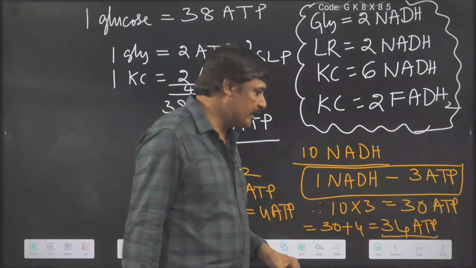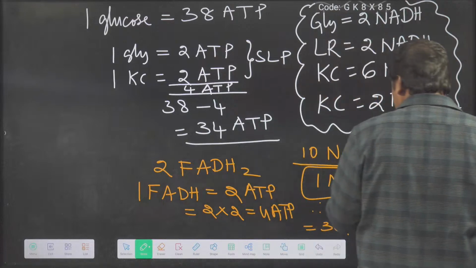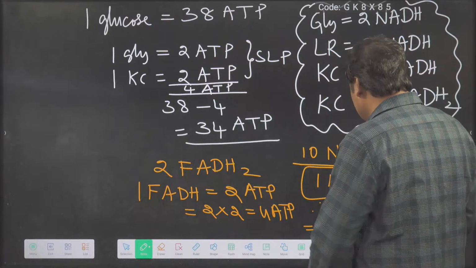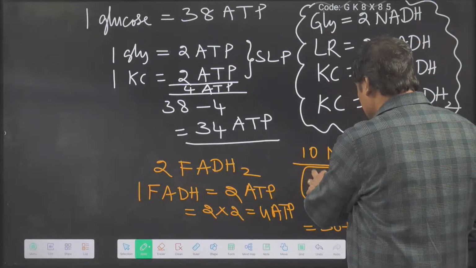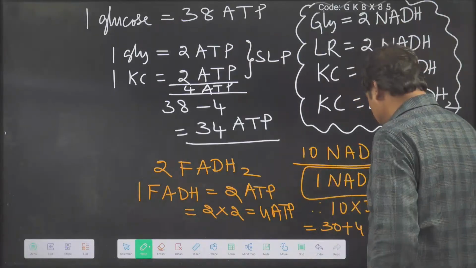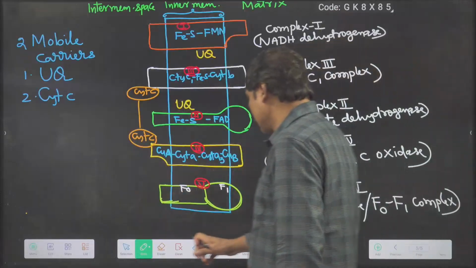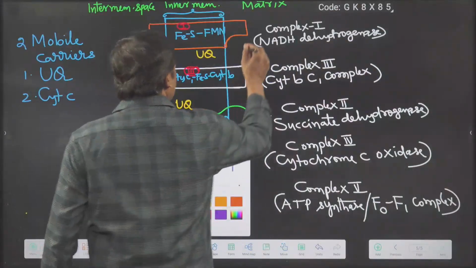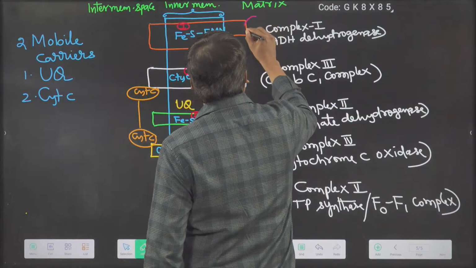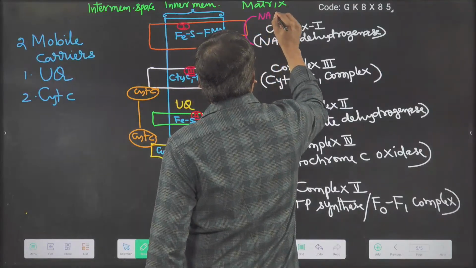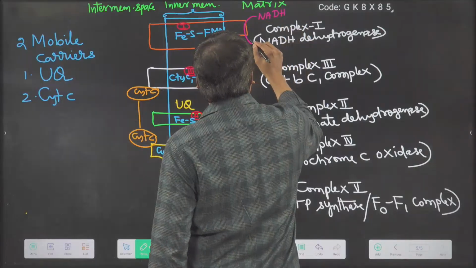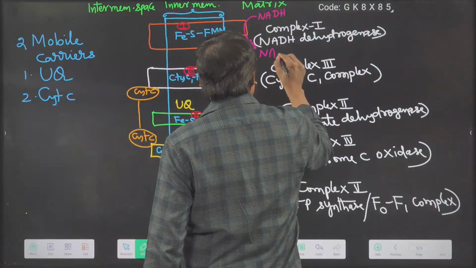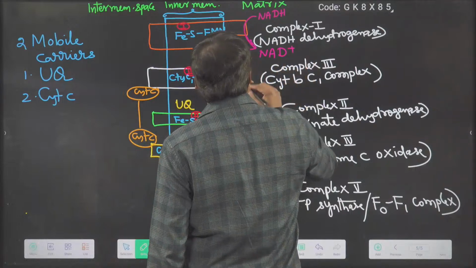Now, first of all, I am taking NADH. If I take 1 NADH, then you can multiply to get the 30 ATP. Each NADH is oxidized here. See? NADH undergoes oxidation and becomes NAD plus.